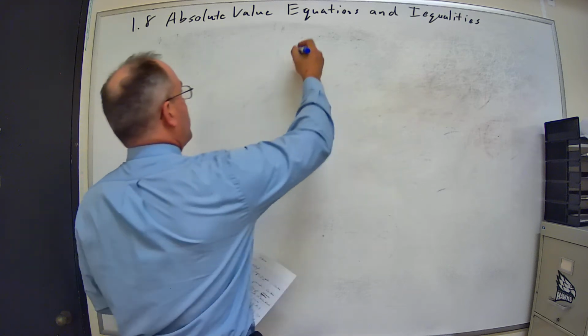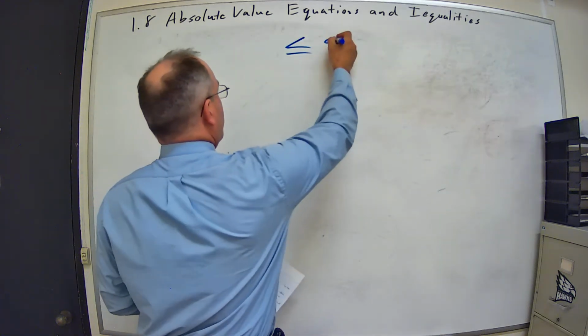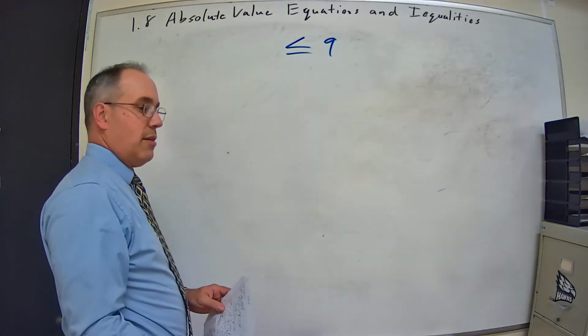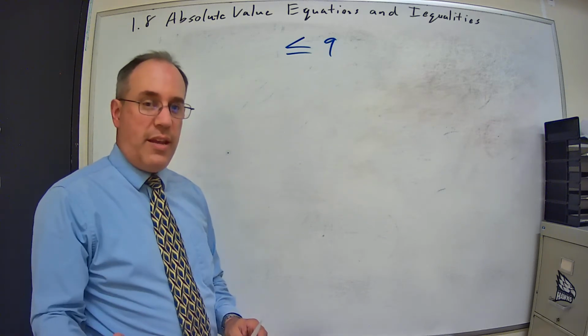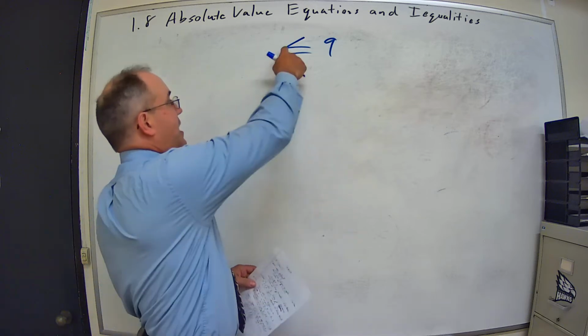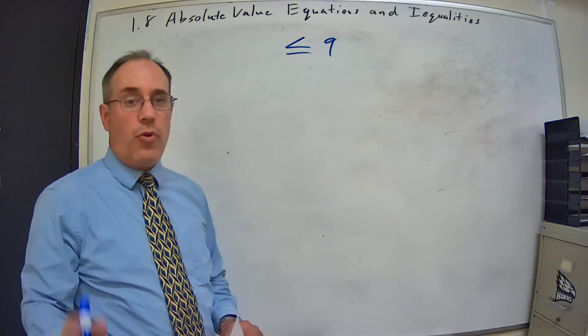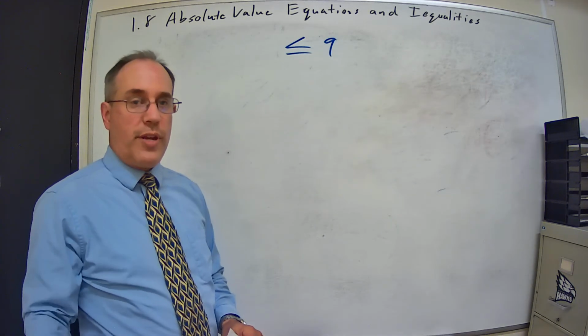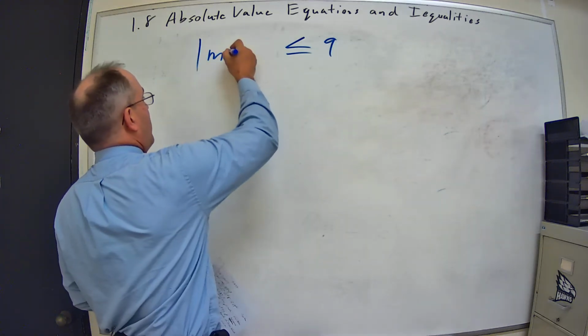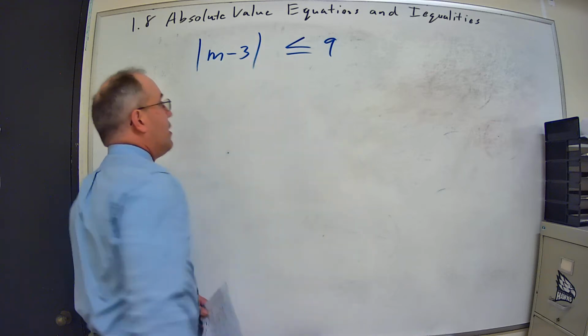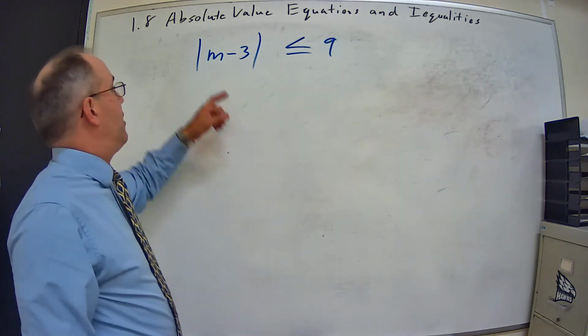So it can't be more than 9. M must be no more than n units. It can be less than or it can be equal to 9 units, but no more than from 3. So we're talking about the absolute value of m minus 3 is less than or equal to n.